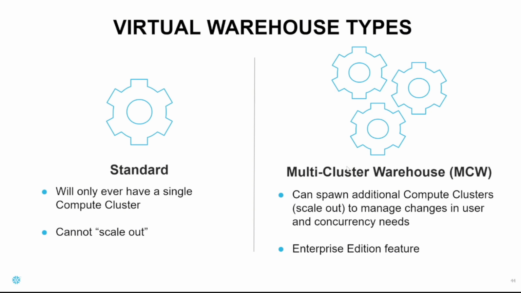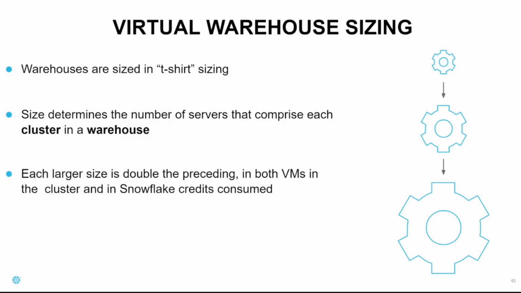The other one is the multi-cluster warehouse, where you will have multiple compute clusters working together, and it is only available from the Enterprise version. If you want to scale out your warehouses, you can simply add different clusters inside your warehouse to help achieve concurrency in your queries.